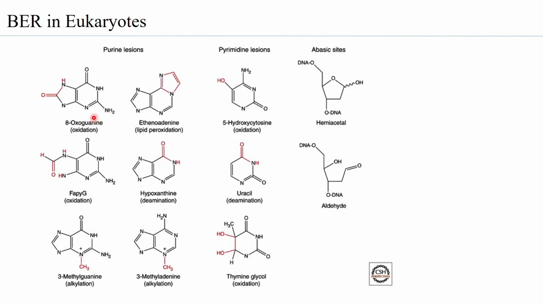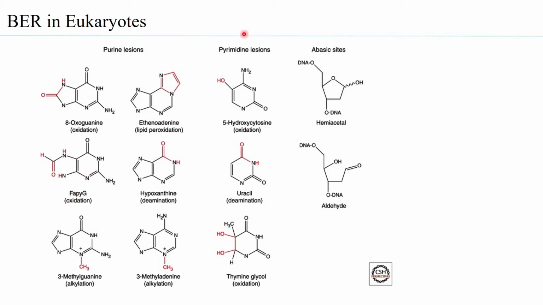At the C7, you would have the oxidation taking place, forming what is called 8-oxo-G. You can also have 5-hydroxycytosine being formed due to oxidation. You can also have thymine glycol, and FAPyG, formed because of oxidation. So all these are results of oxidation.